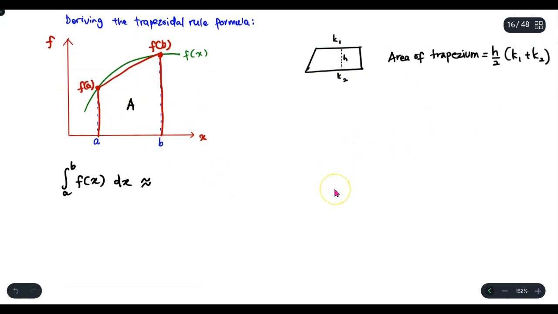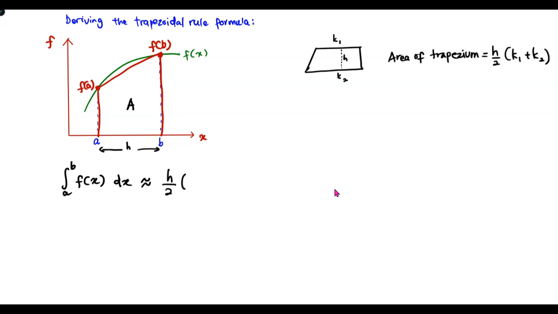So now you have h over 2, where your h is b minus a, so I'm going to put h first, h over 2, where this is your h. Okay, h is the perpendicular distance to the parallel sides. Now based on our graph, the parallel sides are basically FA and FB.